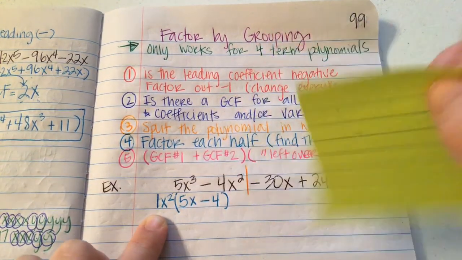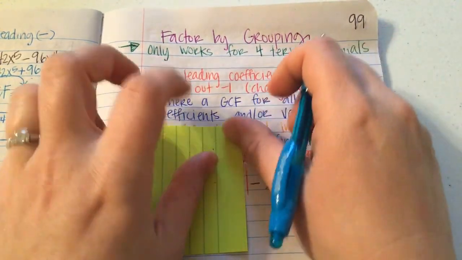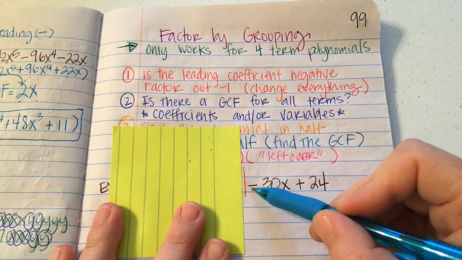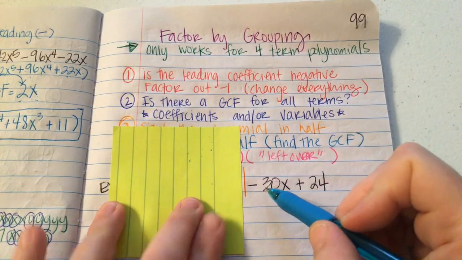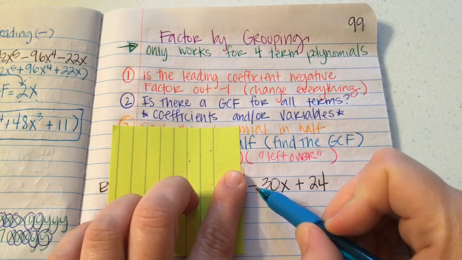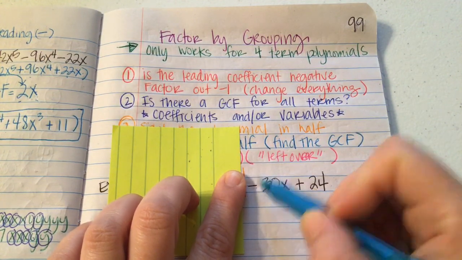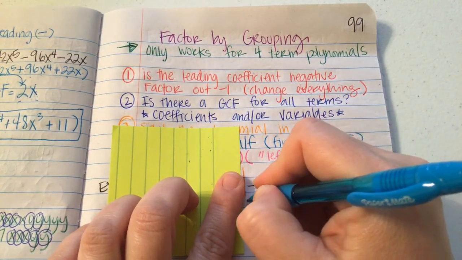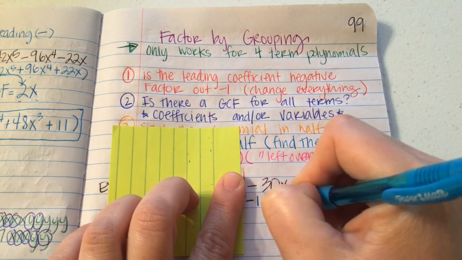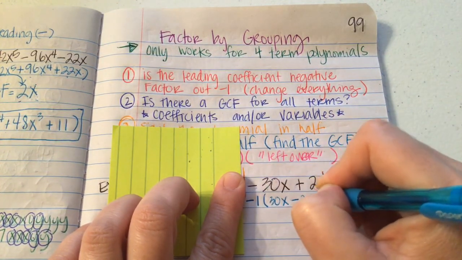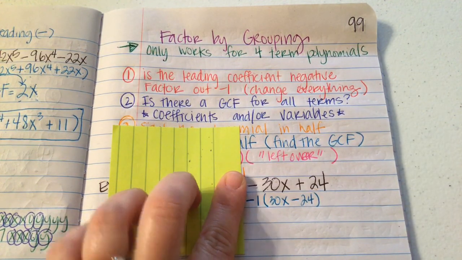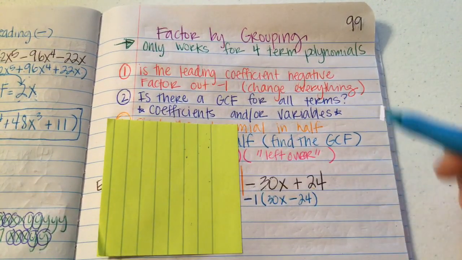Now I'm going to go to the back half. I'm looking and I'm seeing, oh, in this binomial now, my leading coefficient is negative. So I'm going to take out a negative, right? I'm going to take out a negative 1 and change it to 30x minus 24. What do 30 and 24 share?